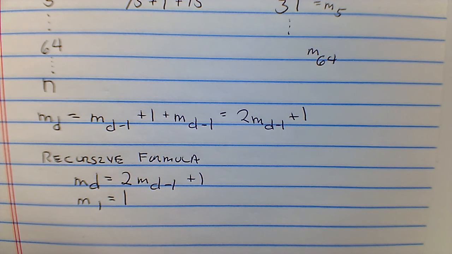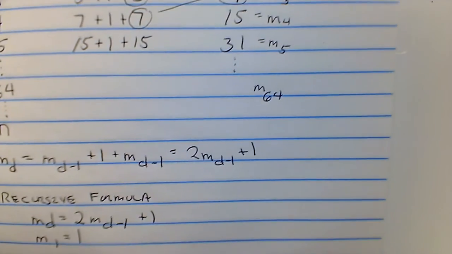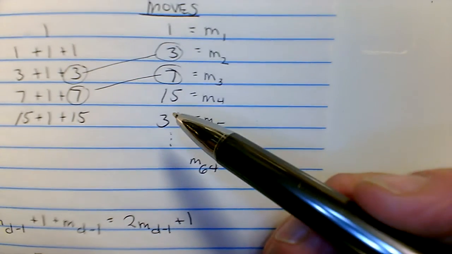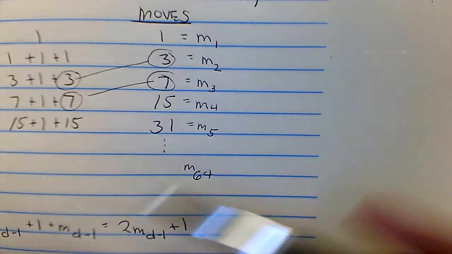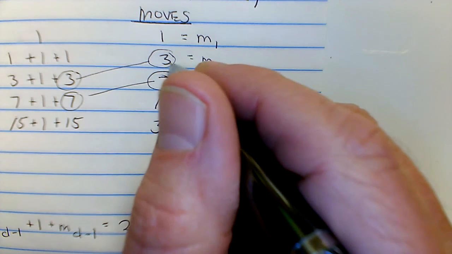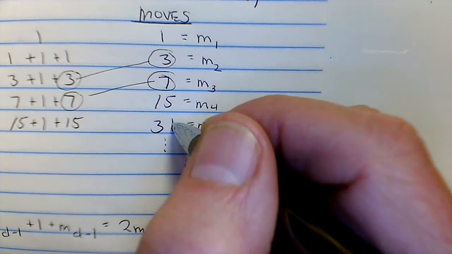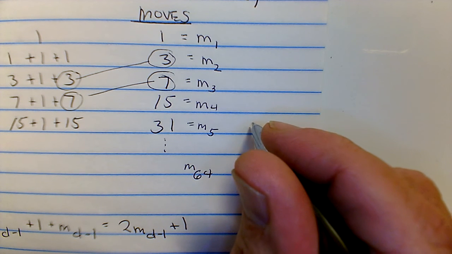But wait a minute. Isn't there another way we could think about this? Look at these numbers. You might see a bit of a pattern here. These numbers are just a little short of perfect squares, right?